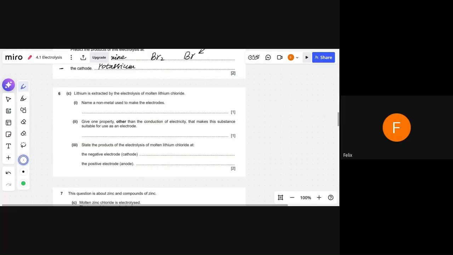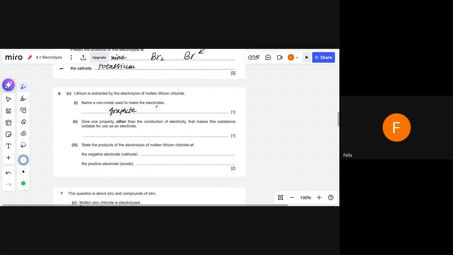Question number 6. Lithium is extracted by the electrolysis of molten lithium chloride. Name a non-metal used to make the electrodes. A non-metal used is graphite. Graphite is a form of carbon, an allotrope of carbon that can conduct electricity, and it is also inert.